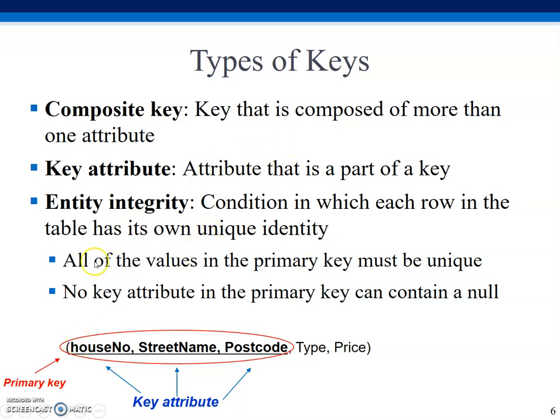All the values in the PK must be unique, and no key attribute in the primary key can contain null. In the lab we have talked about null already. Null basically means an empty value. So if I define a field as a primary key, then that particular field cannot be null.